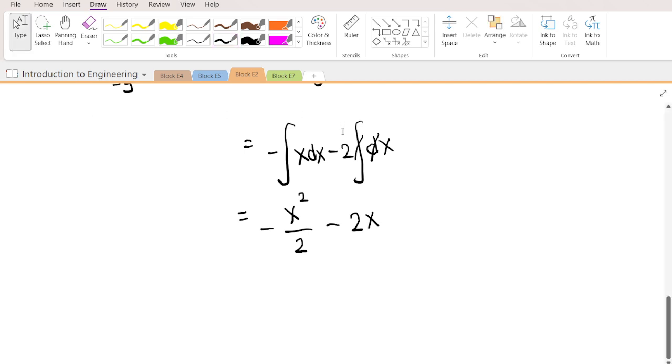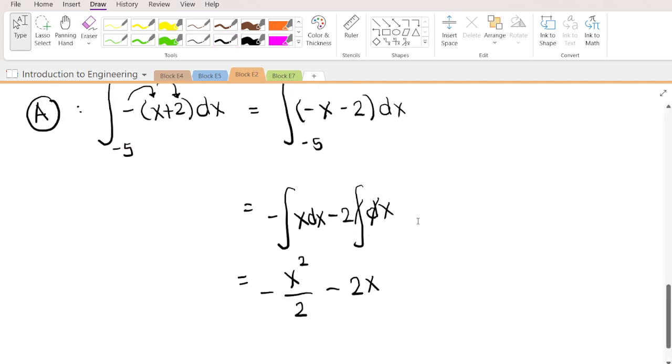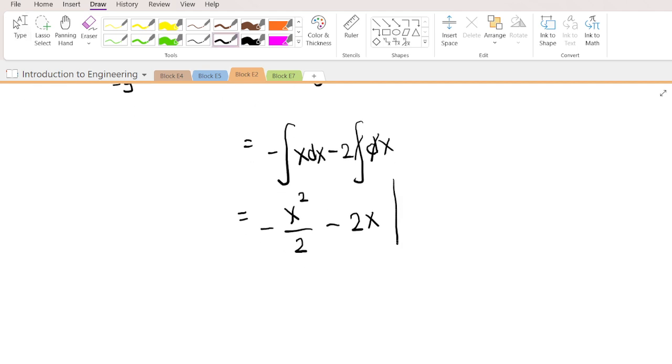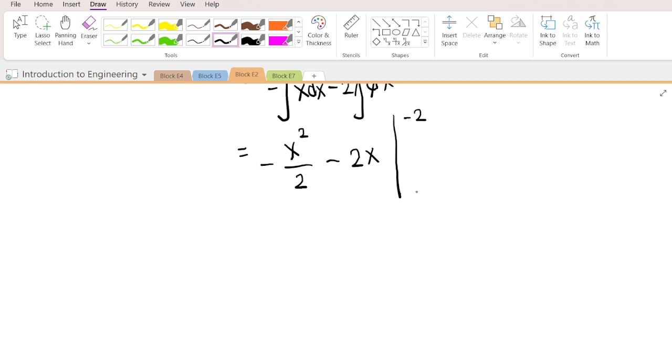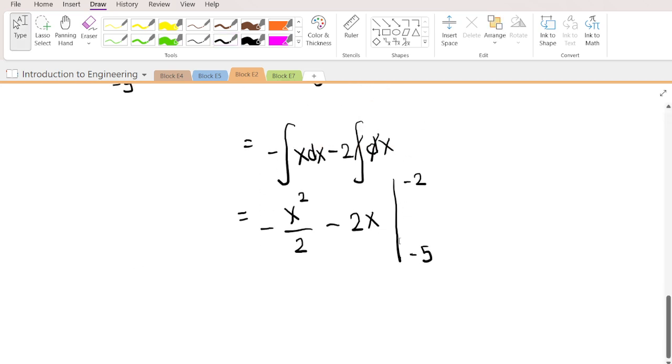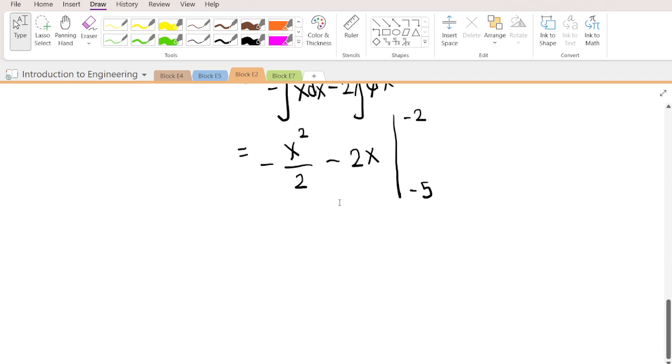And then I think you're done. Negative x squared over 2 and then minus 2x. Then you are going to substitute negative 2 and negative 5. So remember that you are going to write a long bar and write negative 2 and negative 5 as the upper and lower limits. Okay, and then you apply the fundamental theorem of calculus.